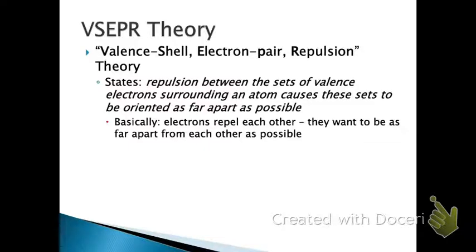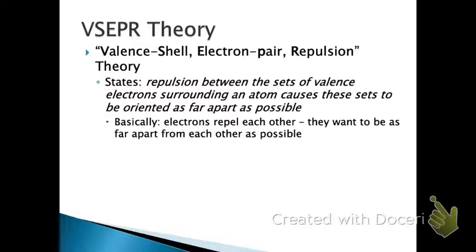All that means is that when we have electrons contained in an electron domain, they want to be far apart from other electrons. A negative and a negative repel each other. Do we agree with that? So this repulsion causes them to spread themselves out as much as possible, and that natural spreading causes these shapes of molecules.